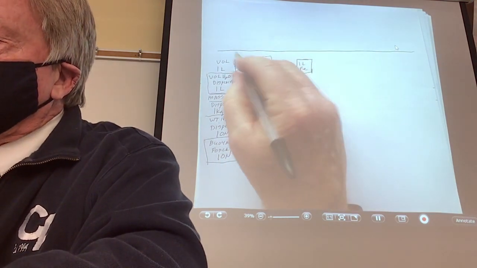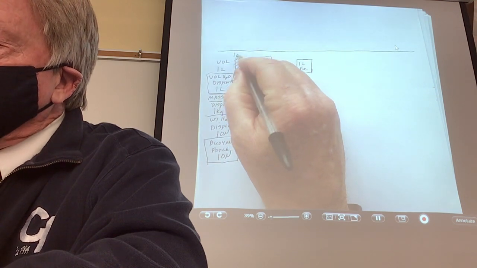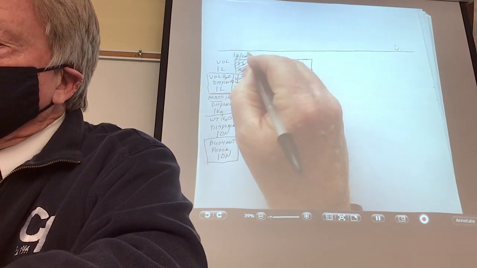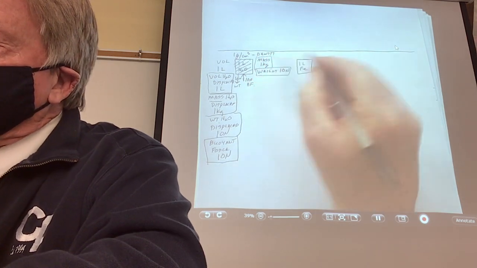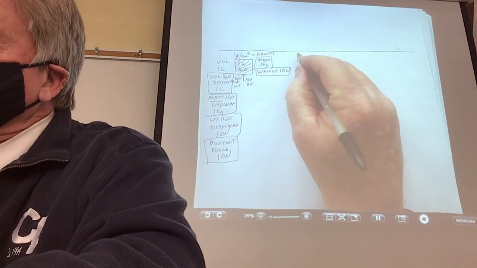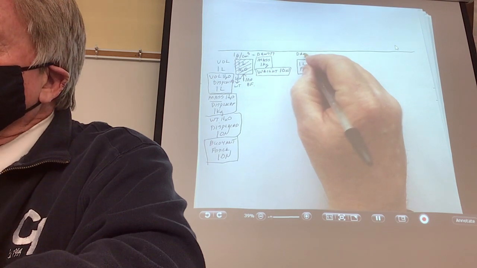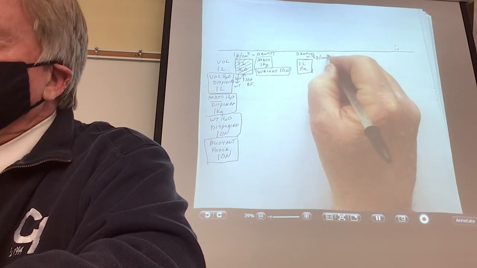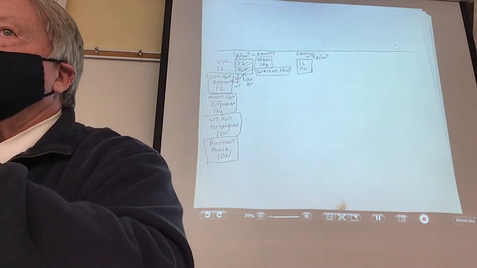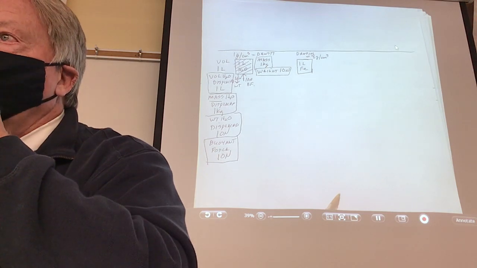By the way, the density of water is 1 gram per cubic centimeter. Does anybody know the density of iron? It's about 8 grams per cubic centimeter. It's about 8 times more dense than water.